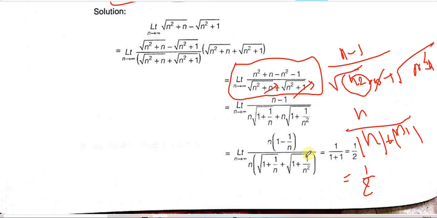Or simply you can divide by n also, but this is the very shortcut formula. 1 by 2 will be the answer. If n approaches minus infinity, then minus 1 by 2 will be the answer, because the mod will open with plus only, and this minus infinity will open here with minus.